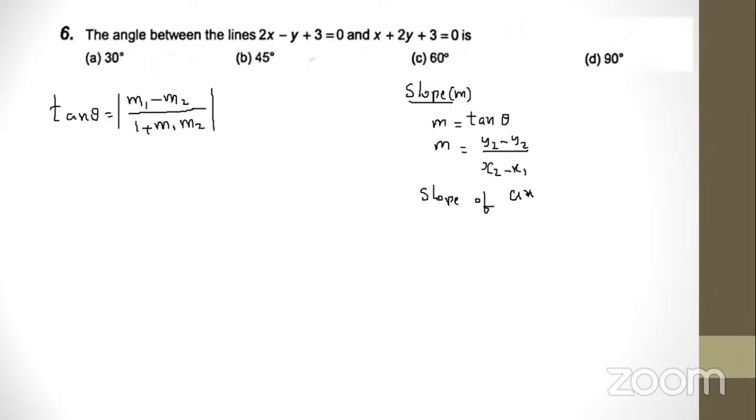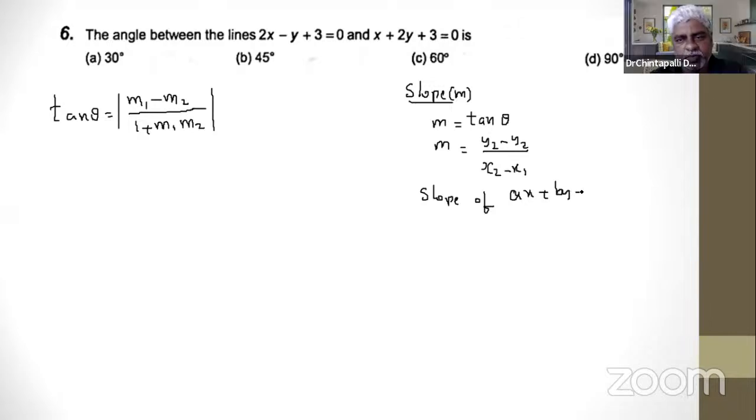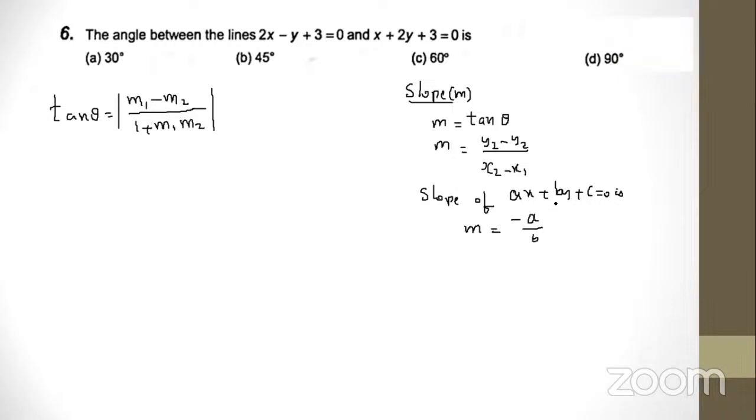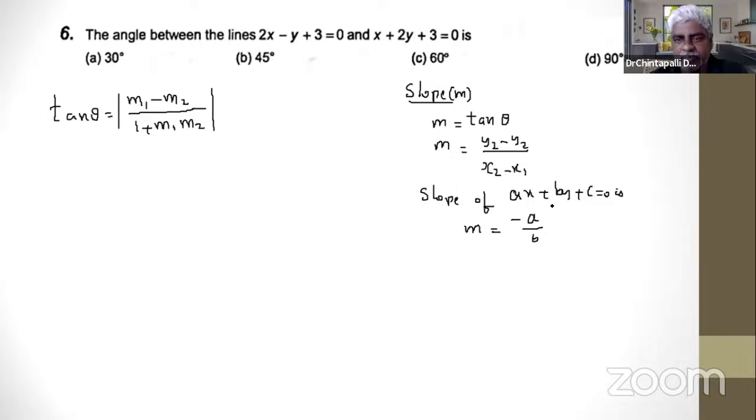There is another formula for slope. Slope of ax plus by plus c is equal to 0 is m equal to negative a by b. When the equation is given in this way, its slope is minus a by b.